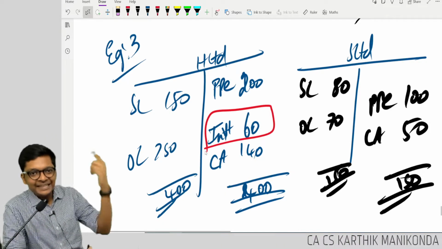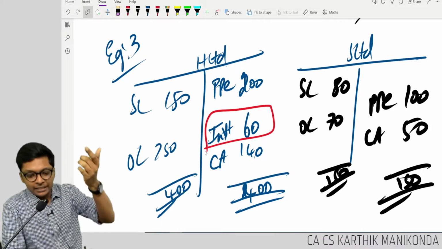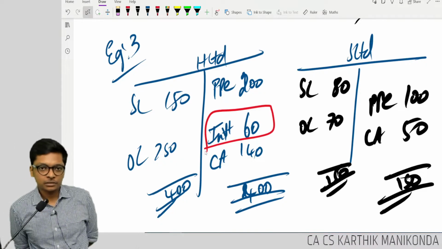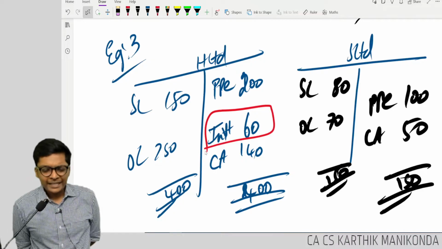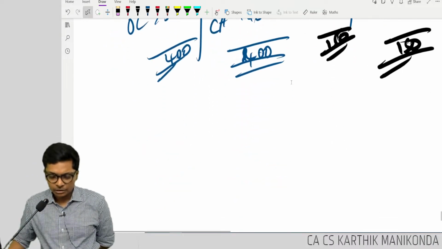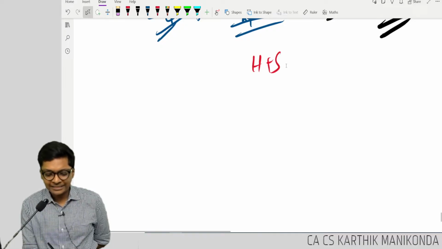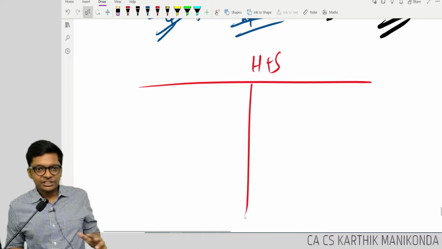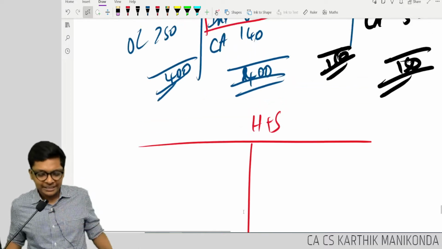First case was 80, second case was 110, now it became 60. This is my third case. Now we again have to do what, guys? H plus S. So I will write here H plus S. We will call that the consolidated balance sheet. After this I will tell you when consolidation takes place.